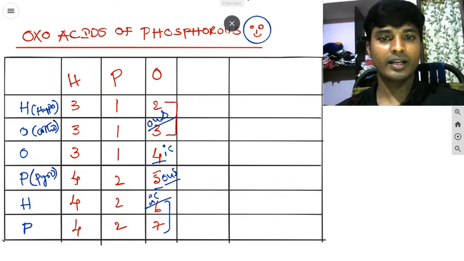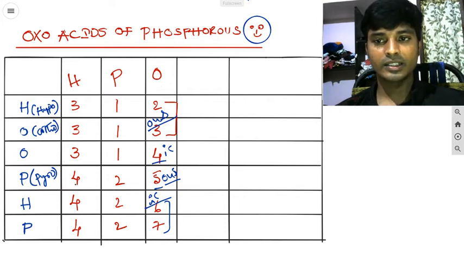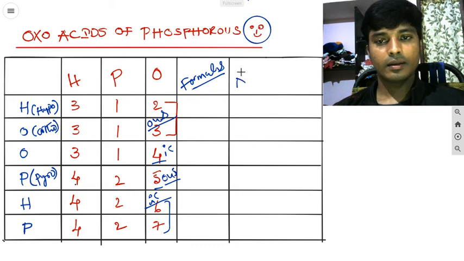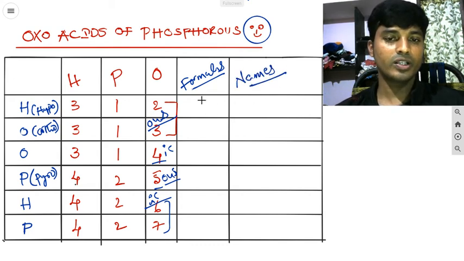Now we will write the formulas for the compounds, and the names, the nomenclature. First we will write the nomenclature and then the formulas. H stands for hypo, and in that name OUS comes along with phosphorus, since we are talking about phosphorus oxy acids.